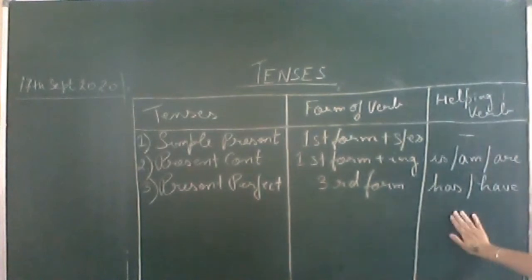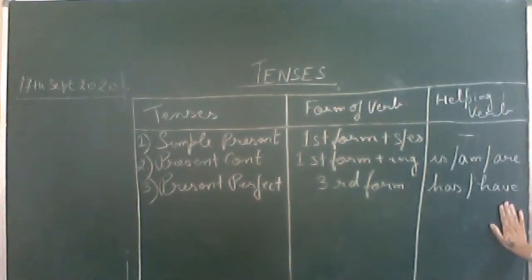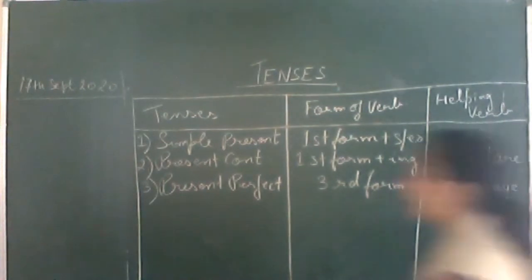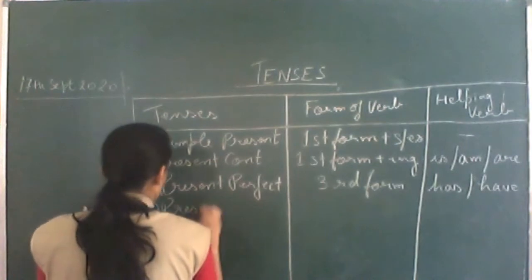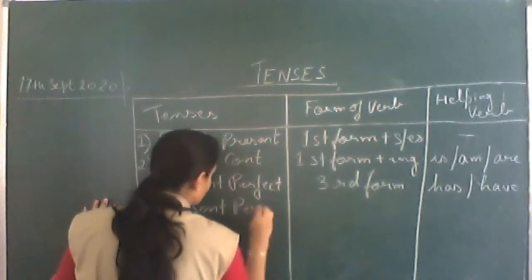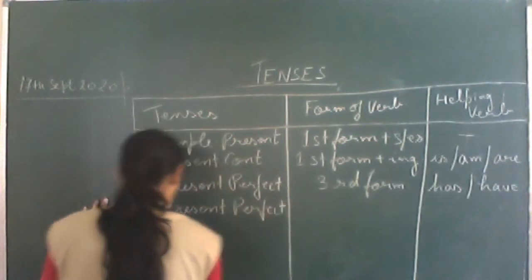Has is for singular, have is for plural, and with I we use have. Fourth one is present perfect continuous.